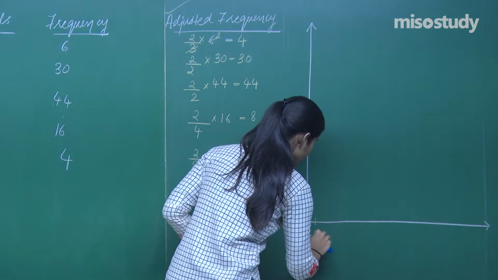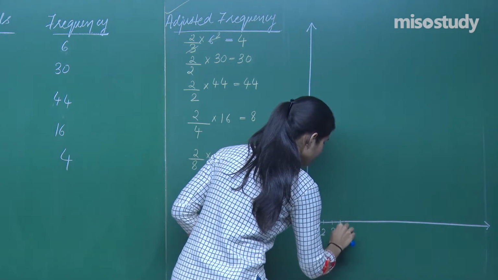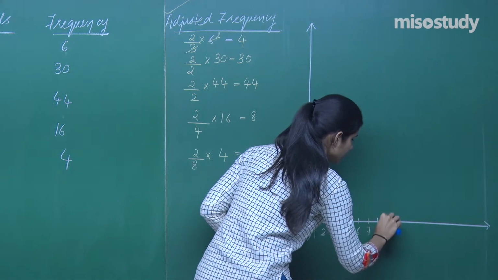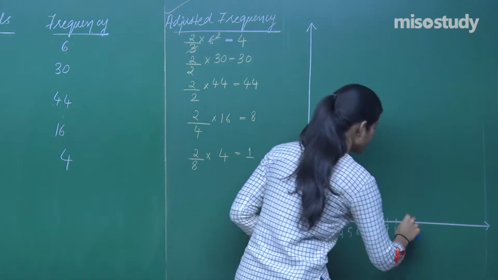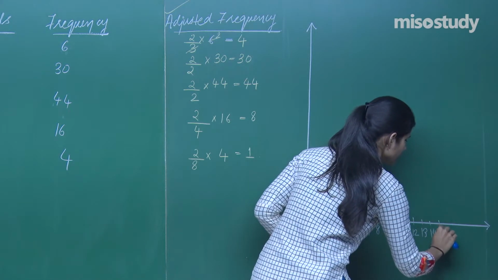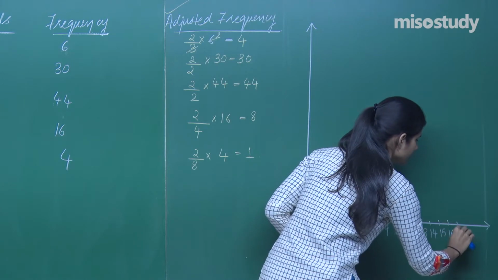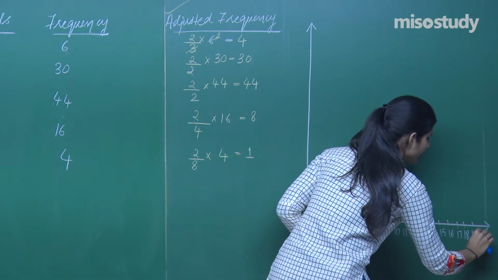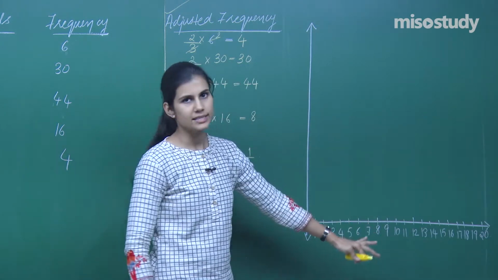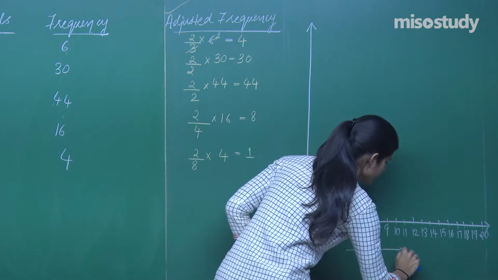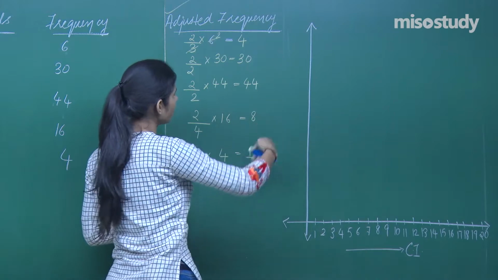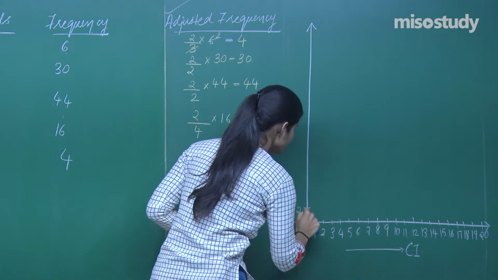So you draw 1, 2, 3, 4, 5, 6, 7, 8, 9, 10, then 11, 12, 13, 14, 15, 16, 17, 18, 19 and 20. One big division is 1 unit on the x-axis to mark the class intervals. And here you have adjusted frequencies 4, 30, 44, 8, 1.